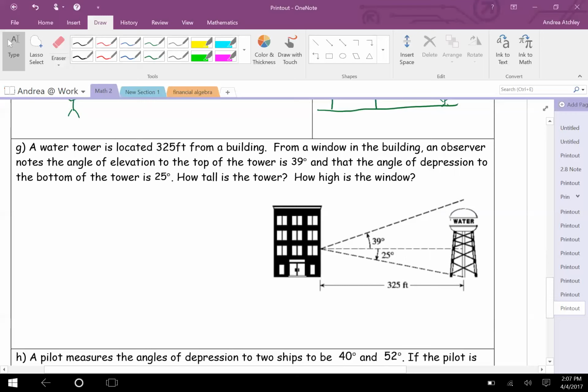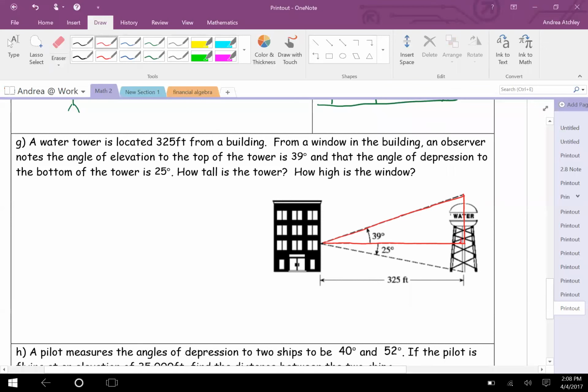So in this, hopefully you see two triangles, and specifically two right triangles. If you do not, we're going to help you out. The first triangle is from this triangle here. This would be a right triangle because the horizon is always going to be perpendicular.